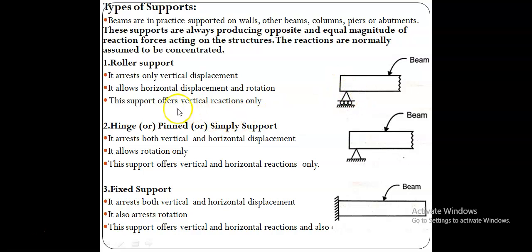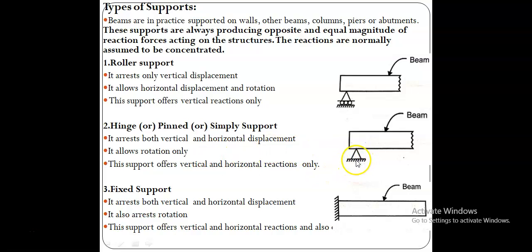Then next we have the hinge, or pinned, or simple support. This is another type of support, and it can be represented like this. The difference between the roller and the hinge is that it doesn't have any roller, that's all.